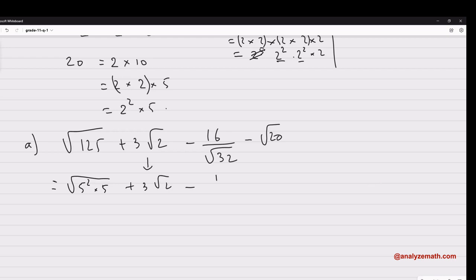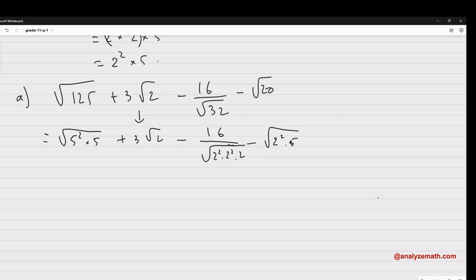Bring it down. 32, remember what we did here? 32 is 2 power 2, 2 power 2, and 2. We are just substituting, and then the 20 is 2 power 2 times 5. That's what we have here.